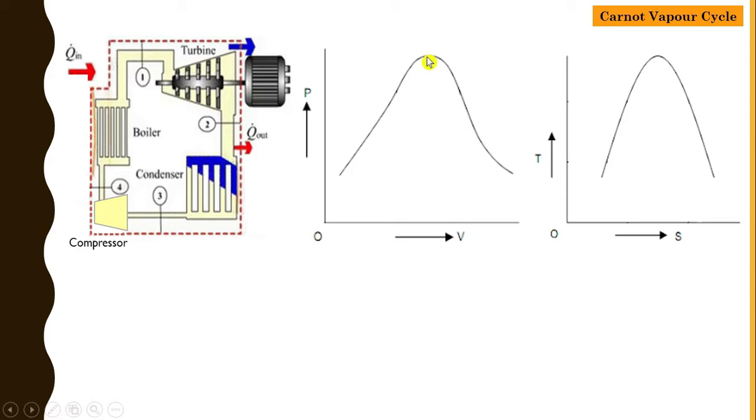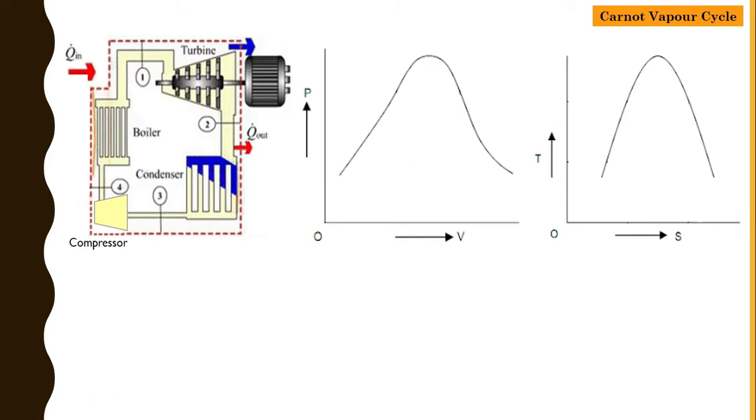The topmost point is considered the critical point. On the left side of that, there is the saturated liquid line, and on the right side, there is the gaseous line. Here only liquid will be there. On this point only the gaseous phase will be there. Above this line there is a liquid state. Above this line there is a gaseous state, and in between there is a liquid plus gas mixture.